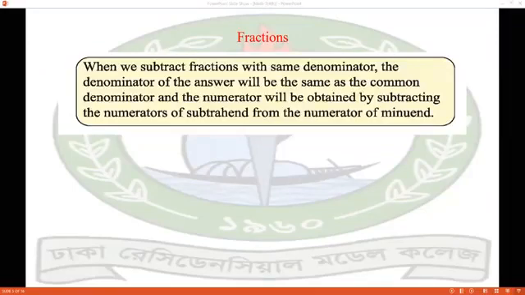When we subtract fractions with the same denominator, the denominator of the answer will be the same as the common denominator.